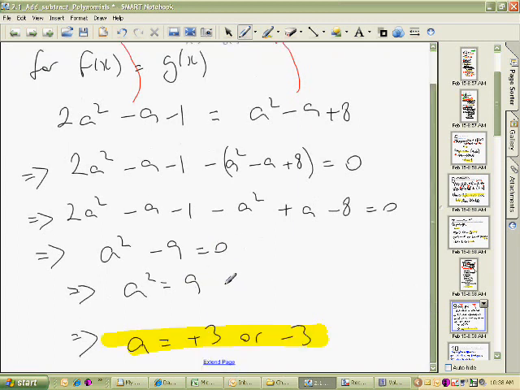And remember, when I take the square root of something, of course it could be plus or minus that value, so here are the two possibilities. A could be either of those numbers.